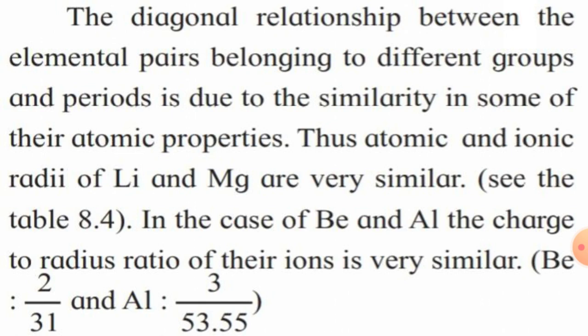Similarly, in the case of beryllium and aluminium, the charge to radius ratio of their ions is very similar. So the diagonal relationship between lithium and magnesium is due to their similar atomic and ionic radii, while the diagonal relationship between beryllium and aluminium is due to the charge to radius ratio of their ions.